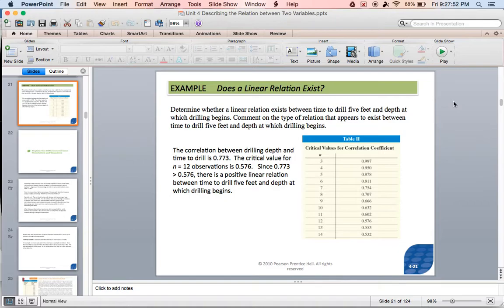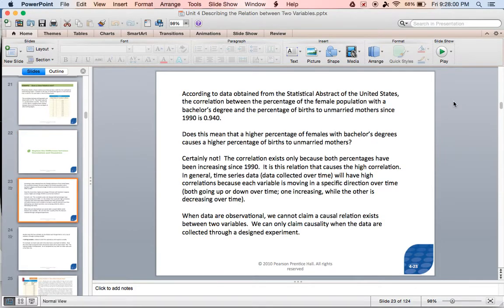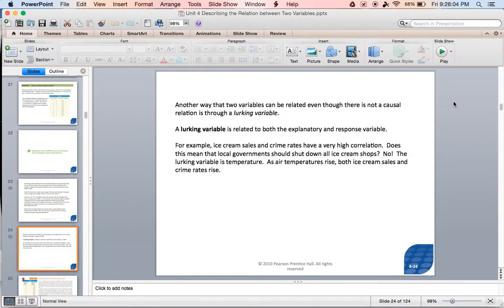Does a linear relation exist? Here's an example of what you would need to do to determine that. A lurking variable is a variable that's related to both the explanatory and response variable.